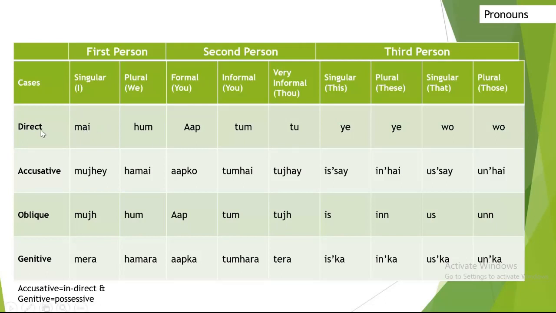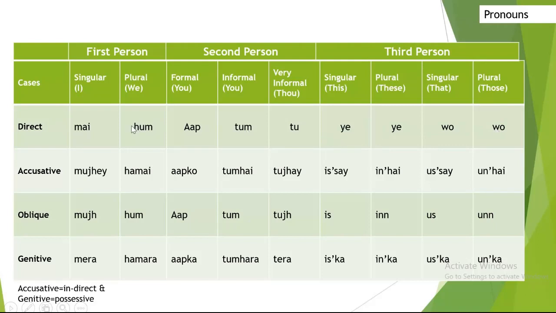Okay, so to repeat the direct case again: मैं, हम, आप, तुम, तू, ये, वो.